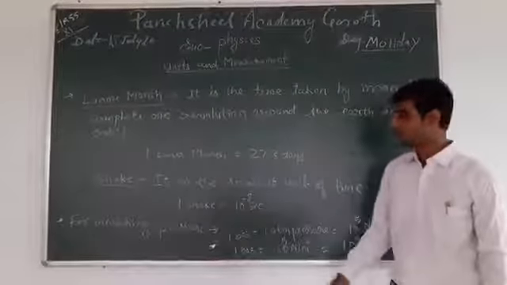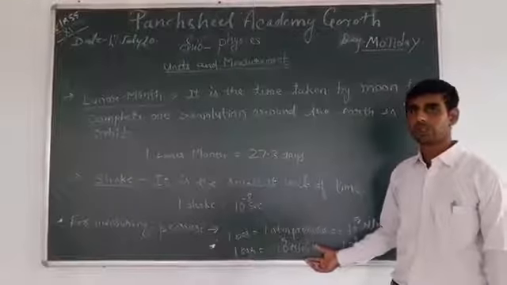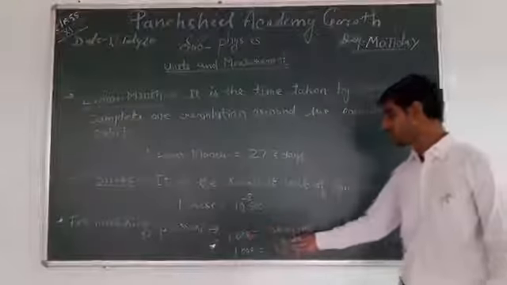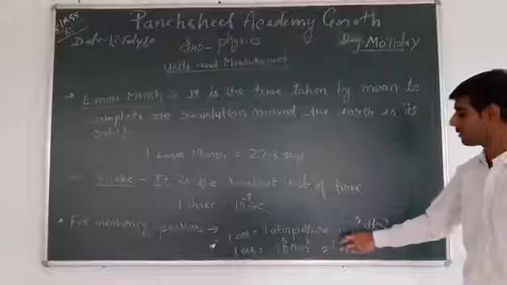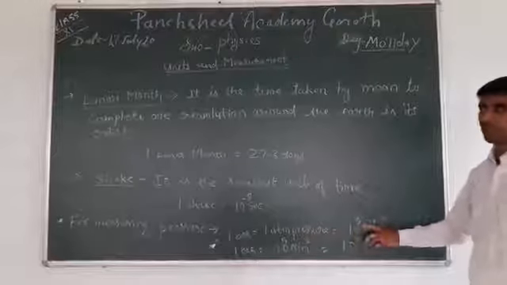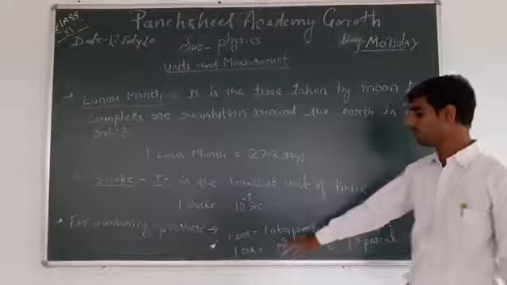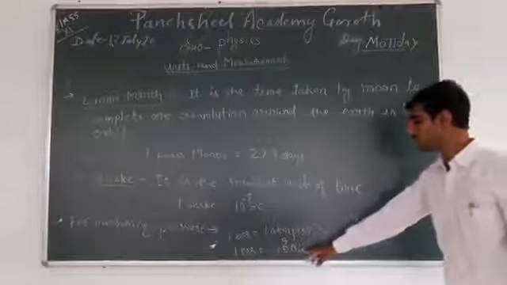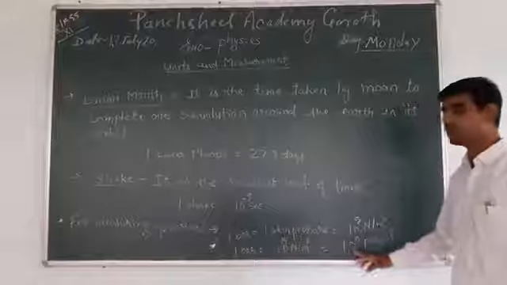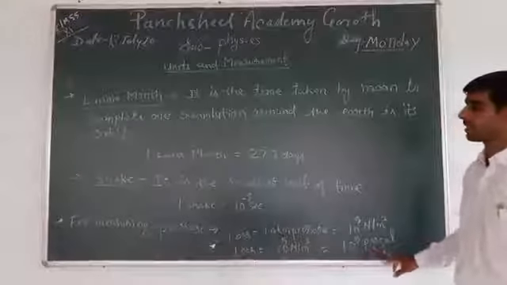Some very useful units for the measurement of pressure. 1 bar equals 1 atmospheric pressure or 10 to the power 5 Newton per meter square. 1 bar equals 10 to the power 5 Newton per meter square, equal to 10 to the power 5 Pascal.